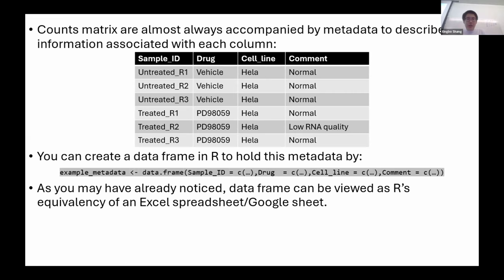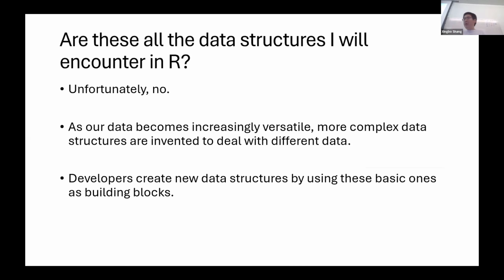Okay, so let's keep moving. We finished all the basic six data structures in R. So perhaps at this point, you have a question in your mind. Are these all the data structures I will encounter in R?